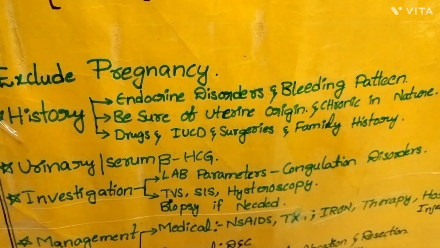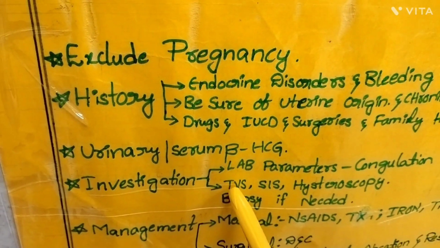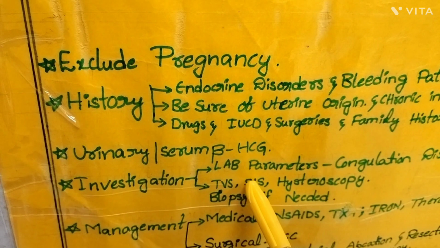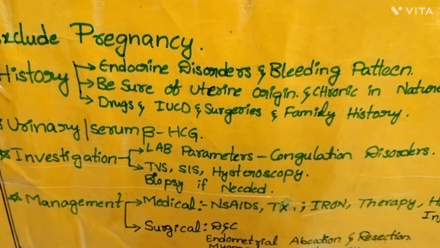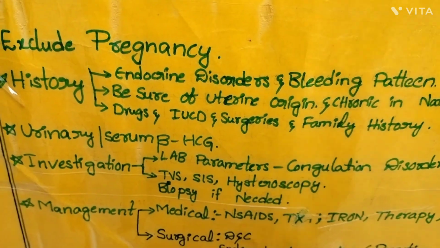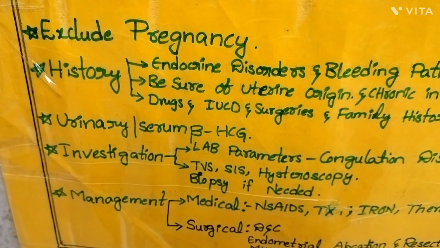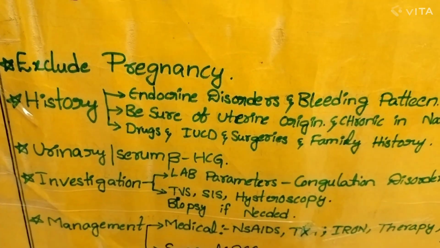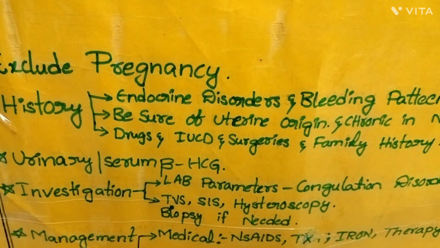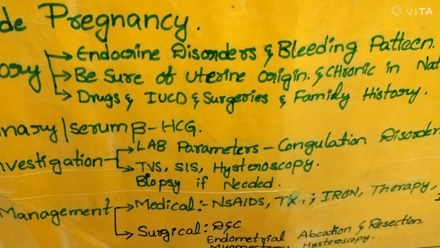Normal coagulation profile we need to check, and transvaginal sonography. Why transvaginal sonography? Because we are suspecting AUB, right? Mostly it is either of uterine origin, or from the ovarian origin, or through the cervix, it could bleed from anywhere. So through TVS, the visualization of these pelvic organs will be very clear.